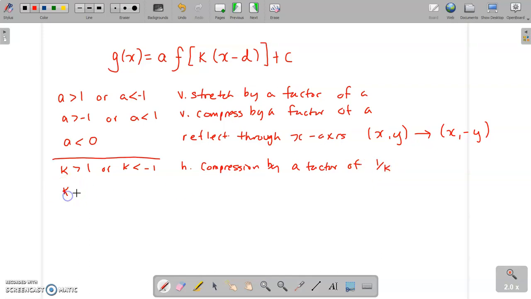If your k is greater than -1 or k is less than 1, then we say it's a horizontal stretch by a factor of 1 over k.